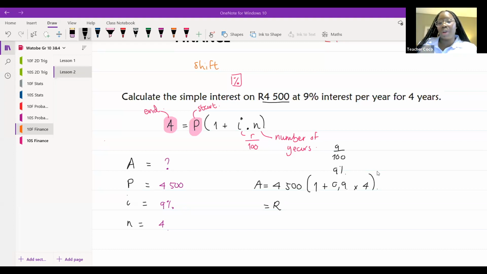So this should be 0.09. That's why I'm just going to click the percentage button on my calculator, because I'm going to miss this one. So if we punch this into our calculator altogether, how much do we get? 4,500 multiplied by 1 plus 0.09 times 4.